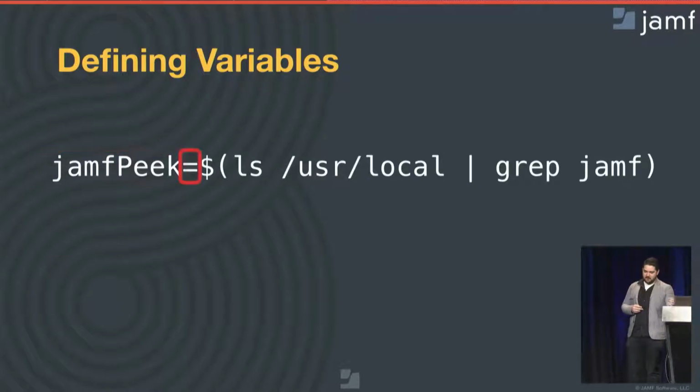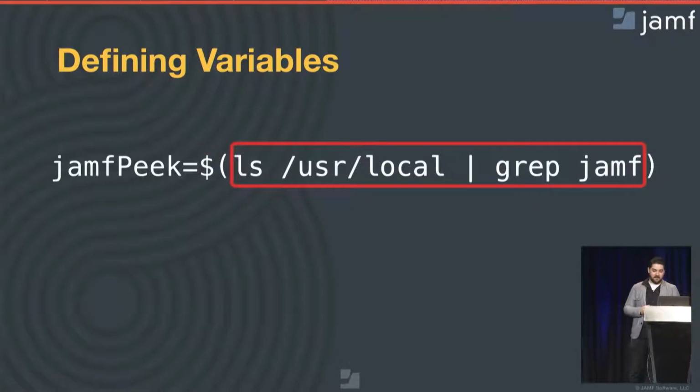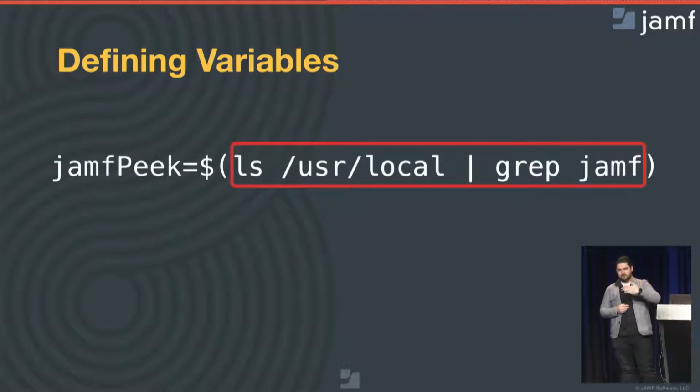And then I have the syntax equals $, with parentheses, close the statement. The variable will actually then contain within your script the result of the command ls /usr/local and then grep jamf.